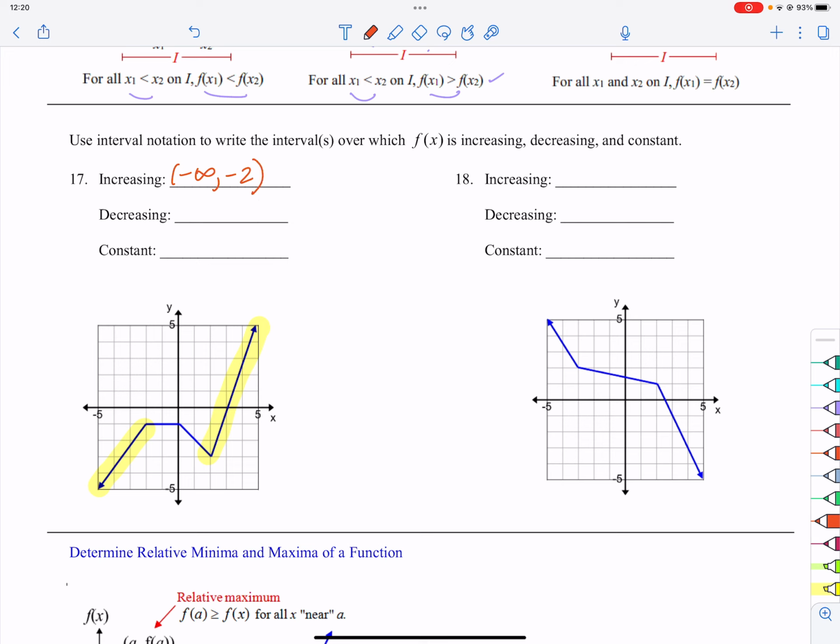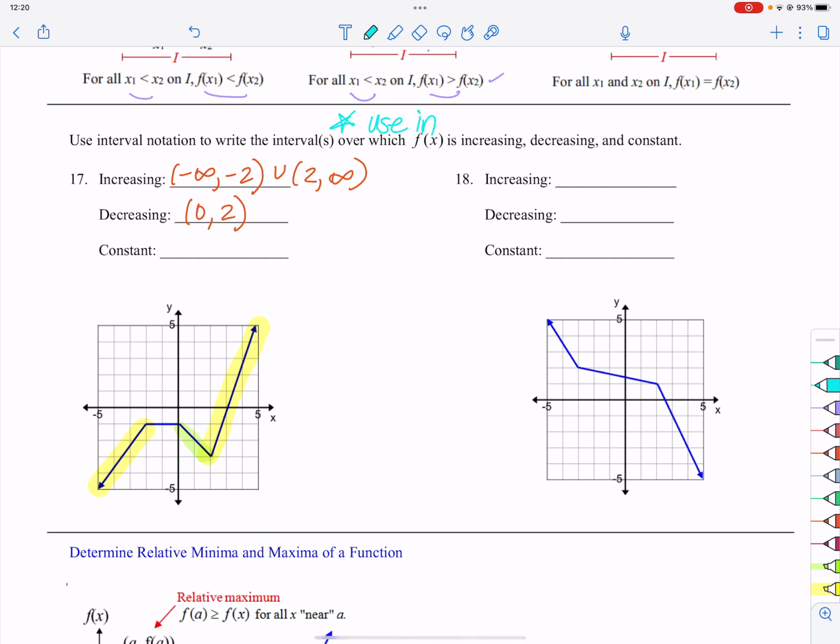You may see brackets used there, but I think it's nicer to have that. And then there's that other interval, 2 to infinity. Now we are decreasing on this interval, and as you can see, that would be 0 to 2. We are using intervals of x. Let me write that here.